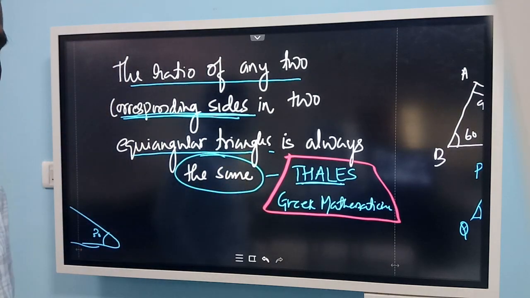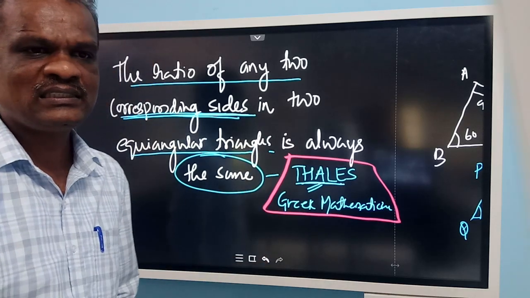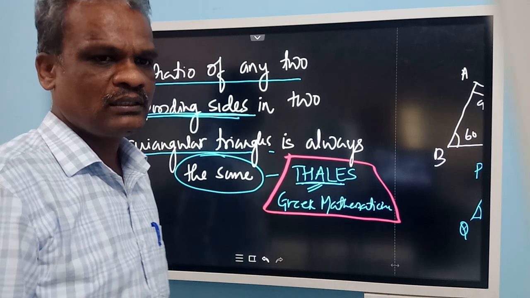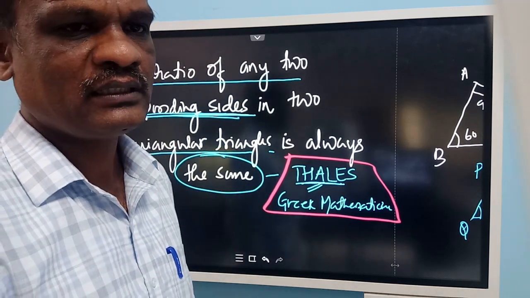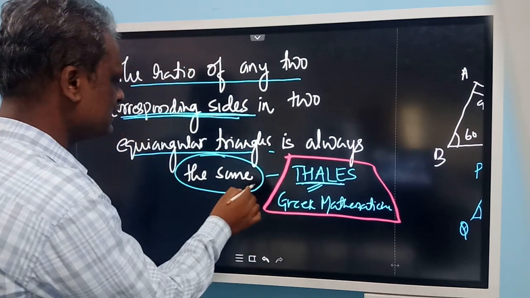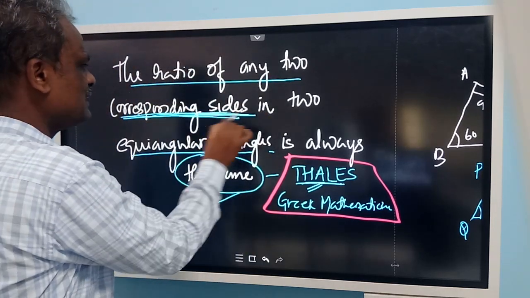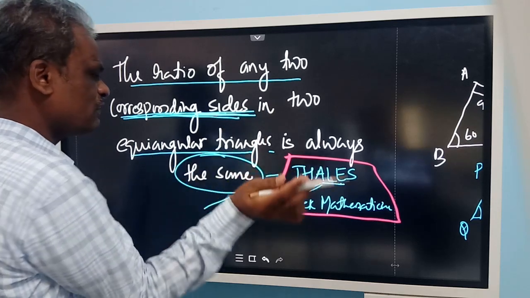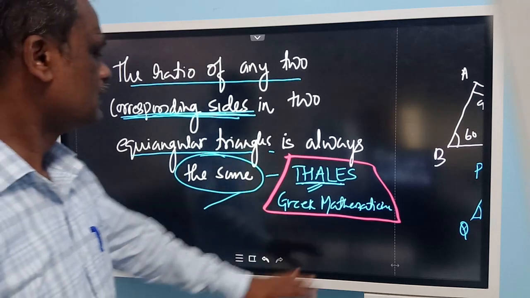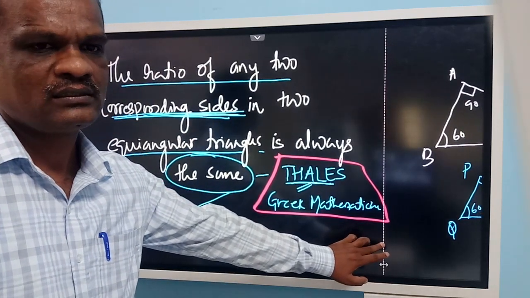This is the statement given by a famous mathematician Thales. And this itself is the main idea to prove the basic proportionality theorem. The next theorem you are going to learn is basic proportionality theorem and use this concept.